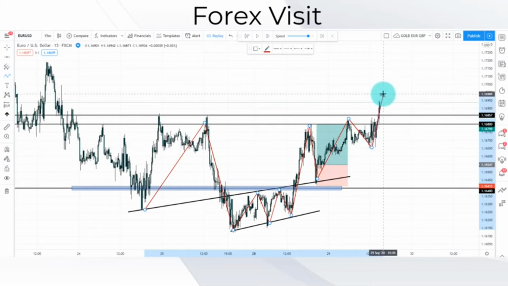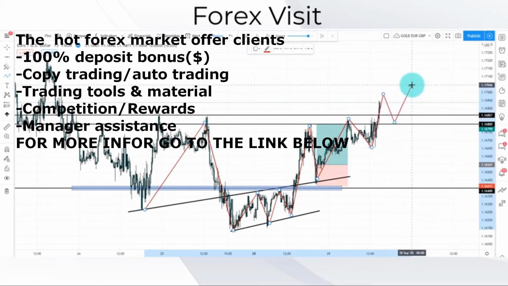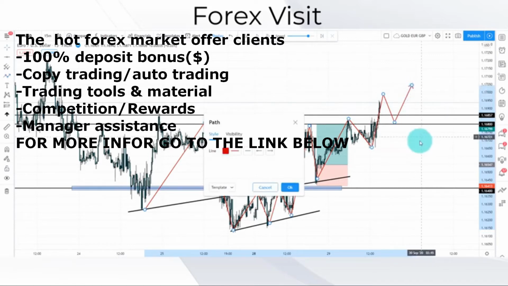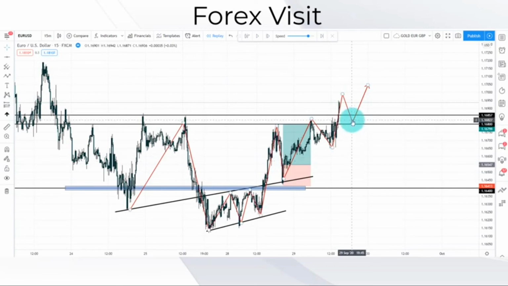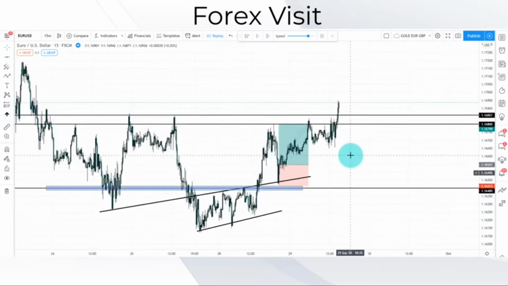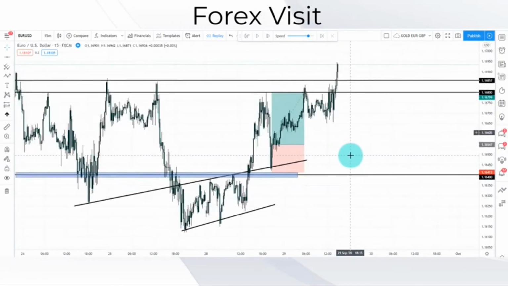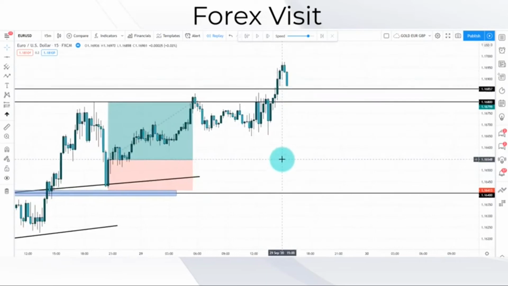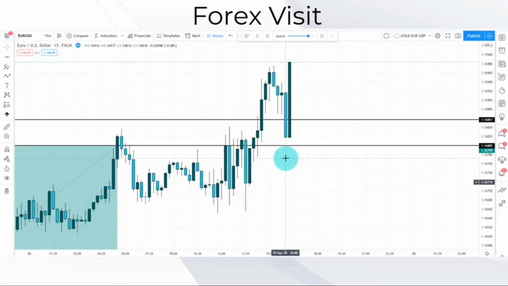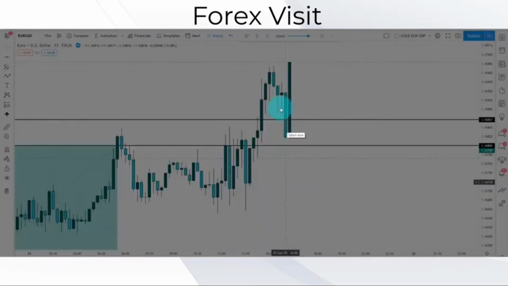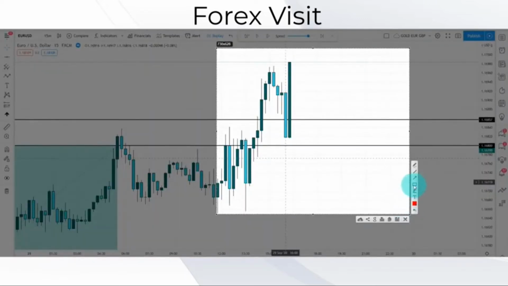At this stage, you will see that candle break our resistance zone. So now this resistance turns into support. As you see that candle retest zone area and a long bullish candle formed.